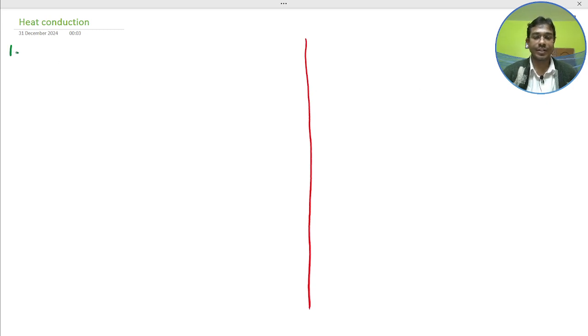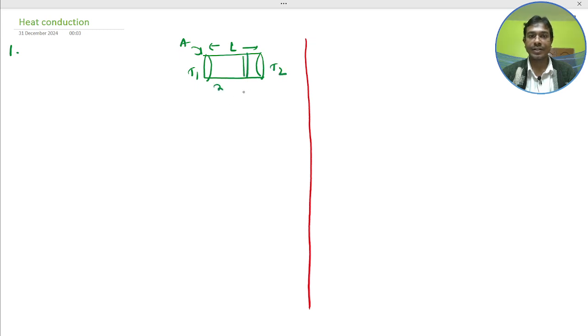In heat conduction, first, the heat transfer. Suppose heat transfers across a distance L, this is area A, with temperatures T1 and T2, this is x, an elementary dx with dT, where T1 is greater than T2.